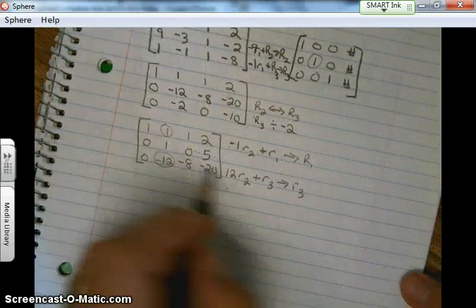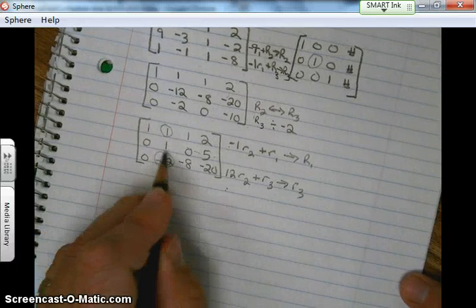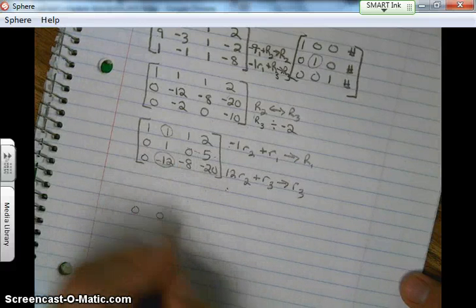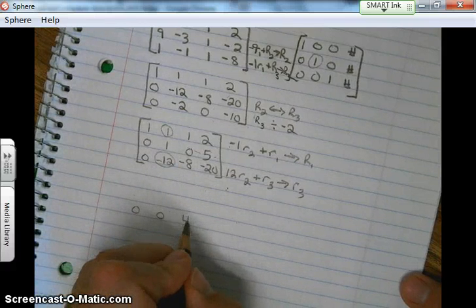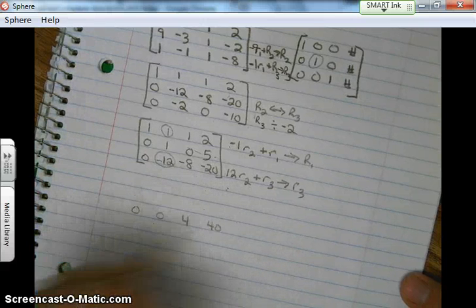Okay, so let's do this. 12 times 0 plus 0 is 0. 12 plus -12 is 0. 12 plus -8 is 4. 12 times 5 is 60. That's going to give us 40.